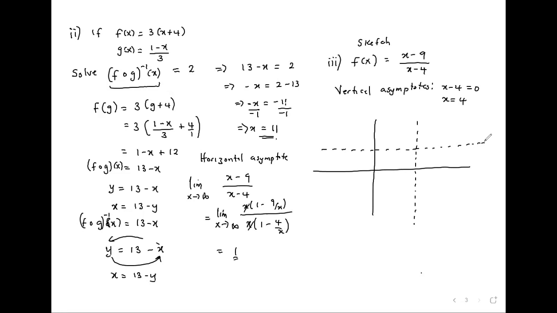And then the first thing you do is you now look for numbers. This is 4, remember? So a number bigger than 4, like 5, you want to check whether it's above or below that. So 5 will be 5 minus 9 over 5 minus 4. This is negative 4. So 5 against negative 4 down here.